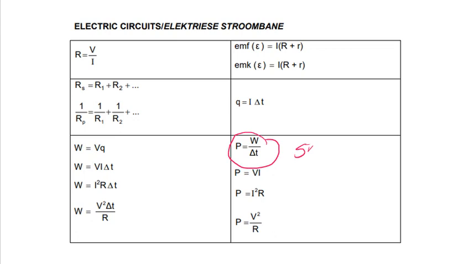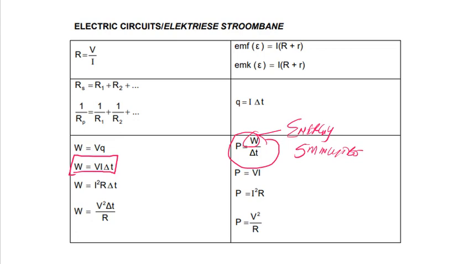So you need to consider the formula that has got work or energy, like this one. W means energy. So you need to consider the formula that has got time and energy. See, even this one has got time and energy. Even that one has got time and energy.